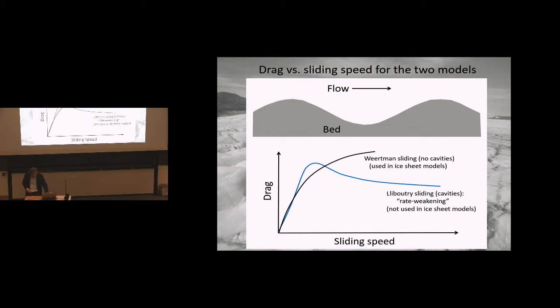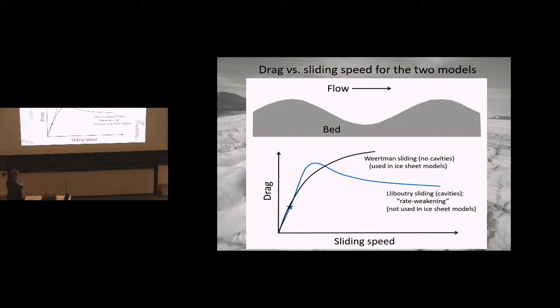So there were subsequent theoreticians like Andrew Fowler and Christian Schoof more recently who've demonstrated this same relationship for more complicated bed geometries. But no one seemed to be very interested in actually testing whether this actually happens or not. And so I built a device that I'll talk to you about in a minute.